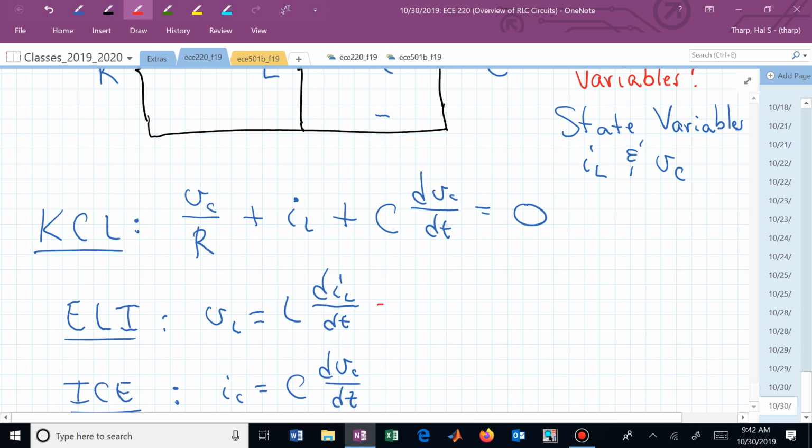It really just needs us to be reminded that the voltage dropped across both of those is the same.